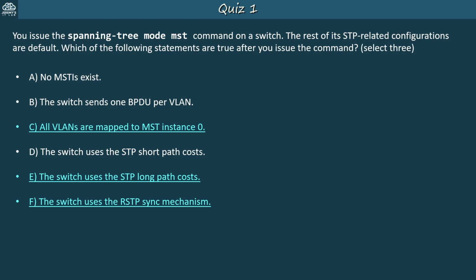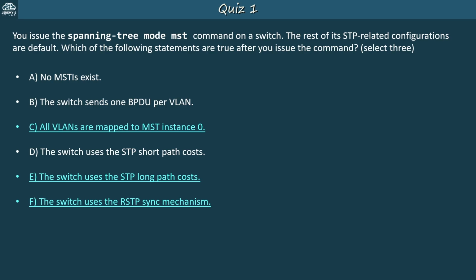Note that this is true even if you have configured the short path costs with spanning-tree pathcost method short. That command doesn't take effect when the switch is running MSTP. And MSTP uses RSTP mechanics for rapid convergence, so F is correct. Although MSTP introduces many new concepts, the underlying convergence mechanics are identical to RSTP.